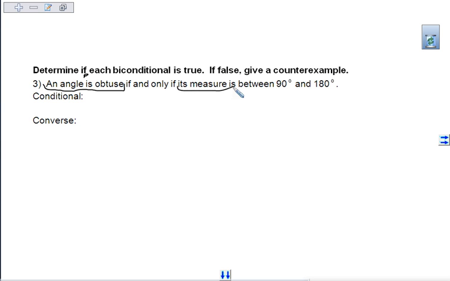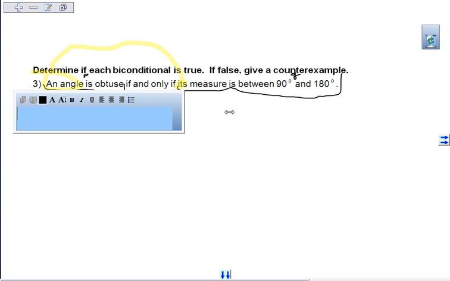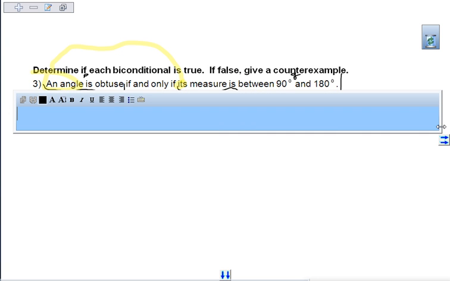Its measure is between 90 and 180 degrees. And what does it refer to? An angle. So what would our conditional statement be? If an angle is obtuse, then its measure is between 90 and 180 degrees.